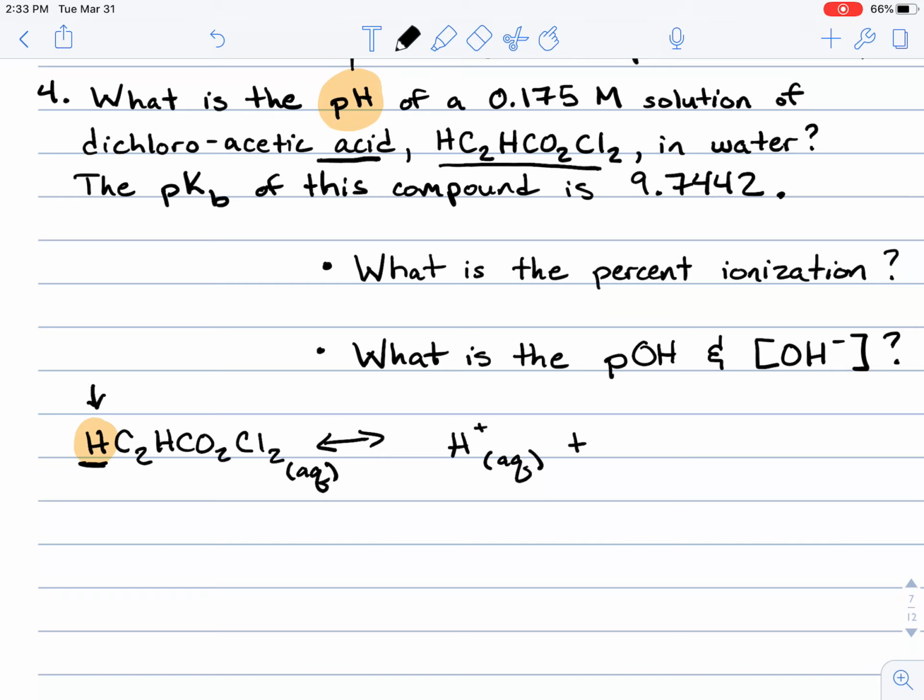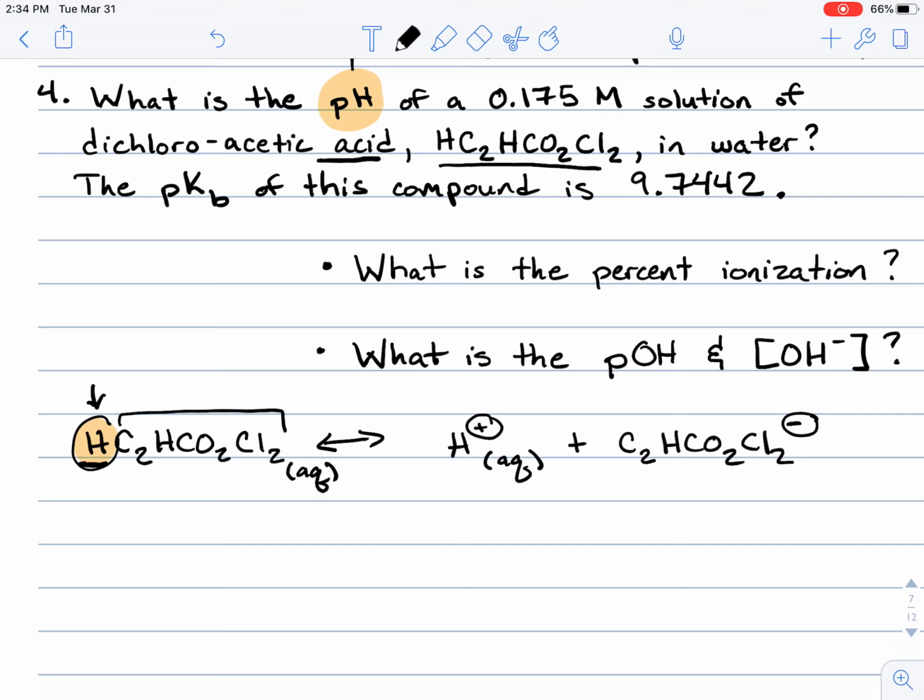And the conjugate base for dichloroacetic acid is simply going to be C2HCO2Cl2. Once again, we have a negative charge. If you recall from part 1 of this topic, once you separate the cation from the anion, you have to indicate its charge.